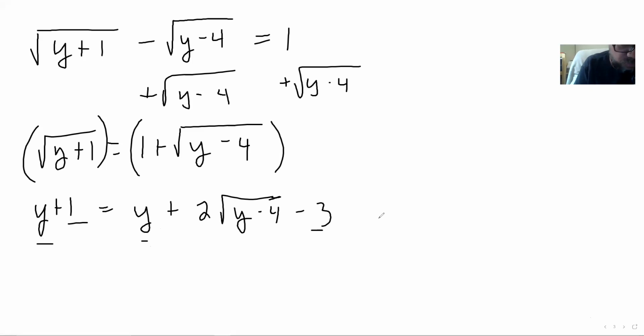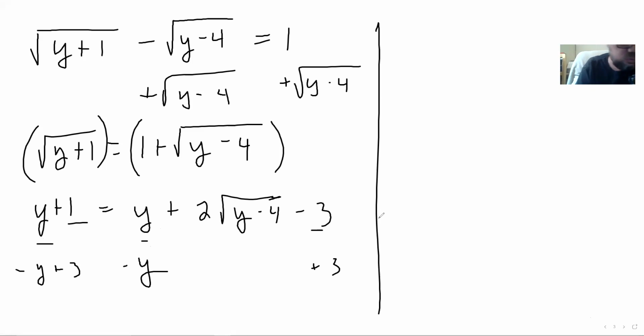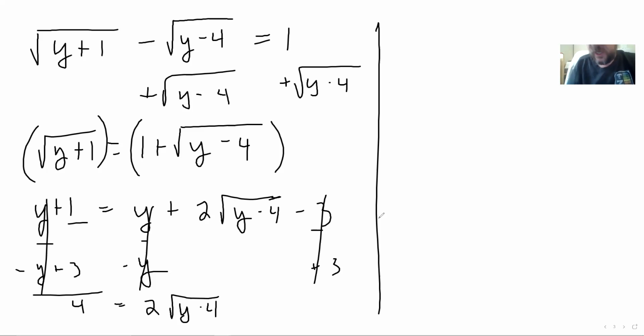So I'm going to go minus y plus 3 minus y plus 3. And that's going to give me over here, the y's cancel, which is nice. And I get 4 equals 2 root y minus 4. All right, that's not bad at all, actually. This is a relatively simple thing to finish off.